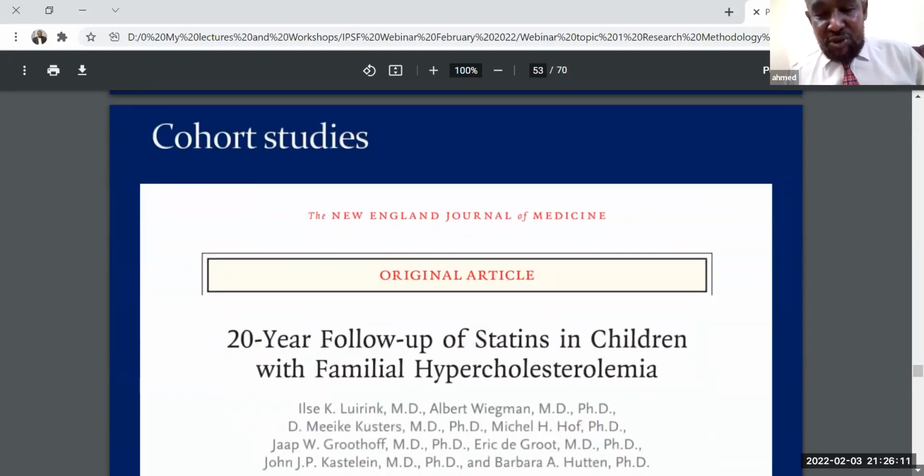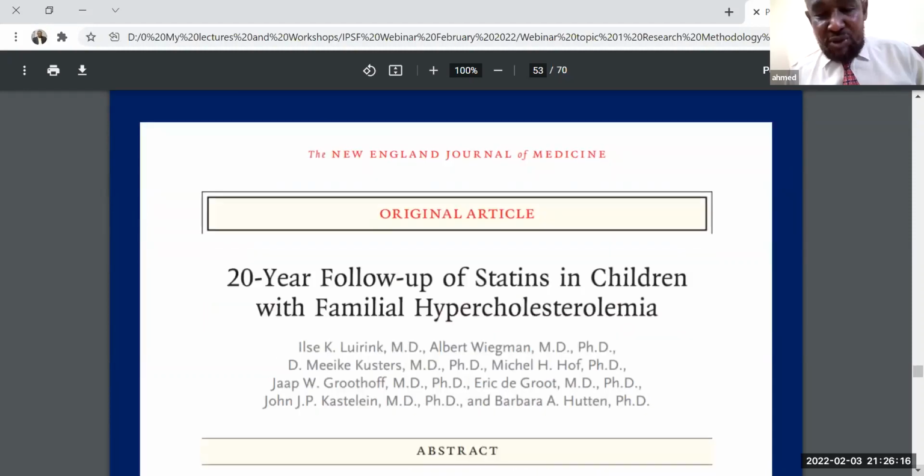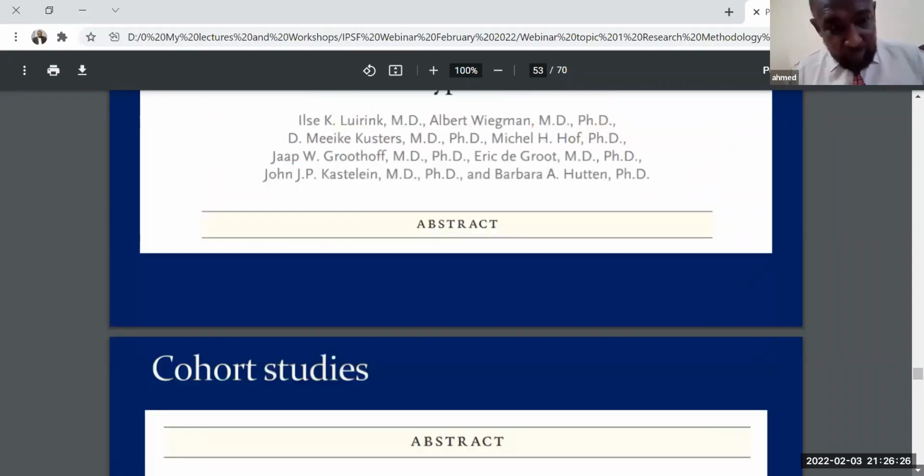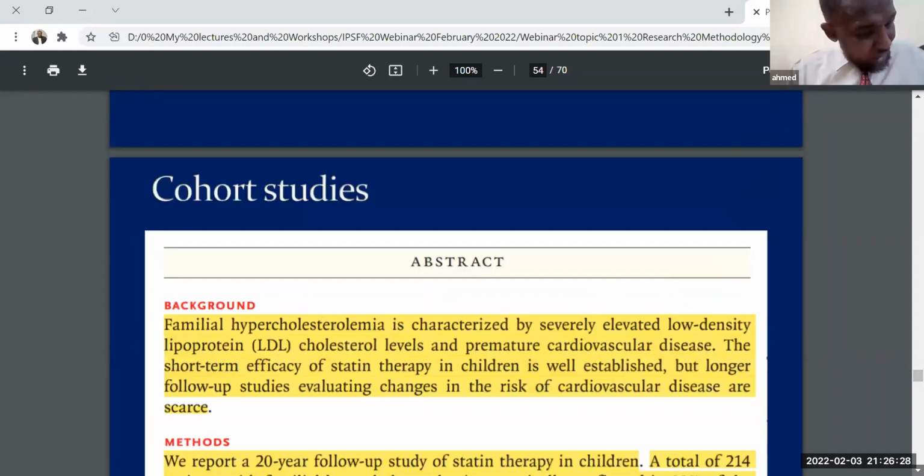Here, for example, this one is a 20-year follow-up of statins in children with familial hypercholesterolemia. This one, 20-year follow-up, is a prospective cohort. So I will go fast.